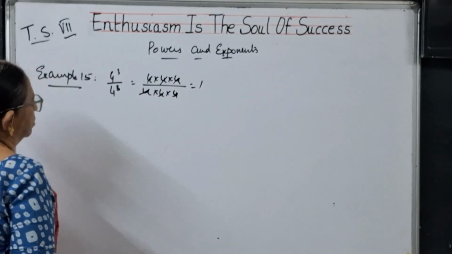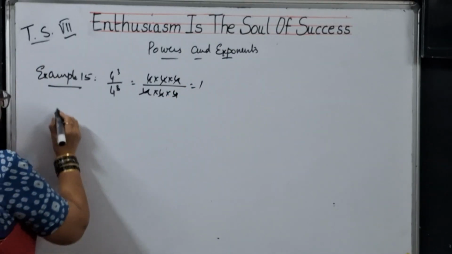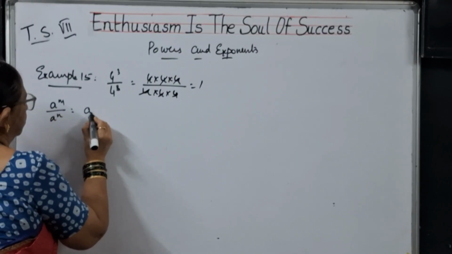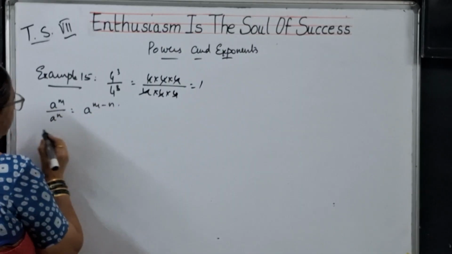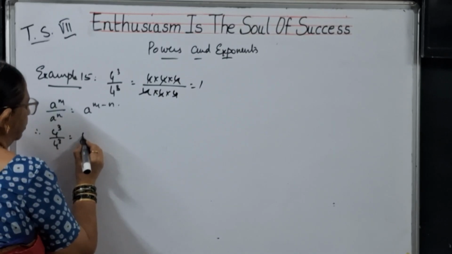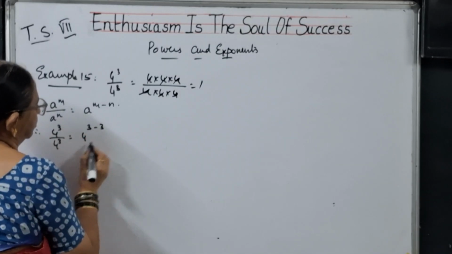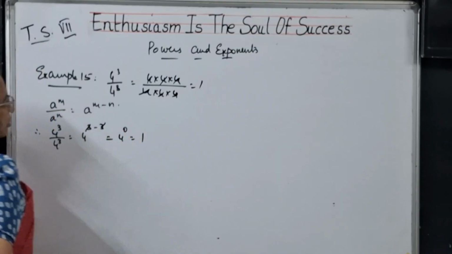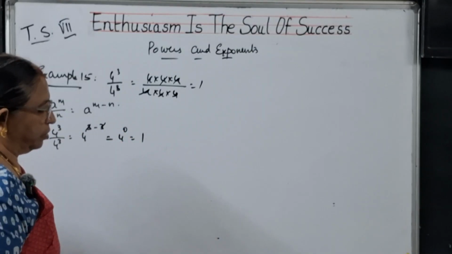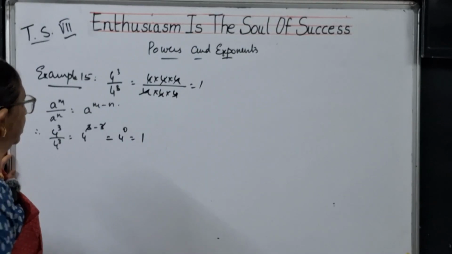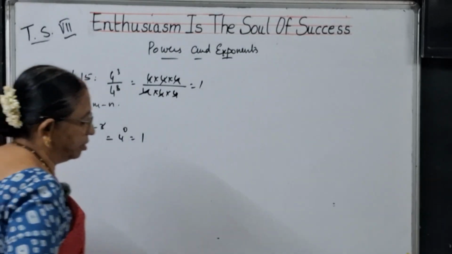Basing on the law, we know that a to the power of m by a to the power of n is a to the power of m minus n. Therefore, 4 cube by 4 cube, if you take 4 to the power of 3 minus 3, 3 and 3 will get cancelled. 4 to the power of 0 is nothing but 1.